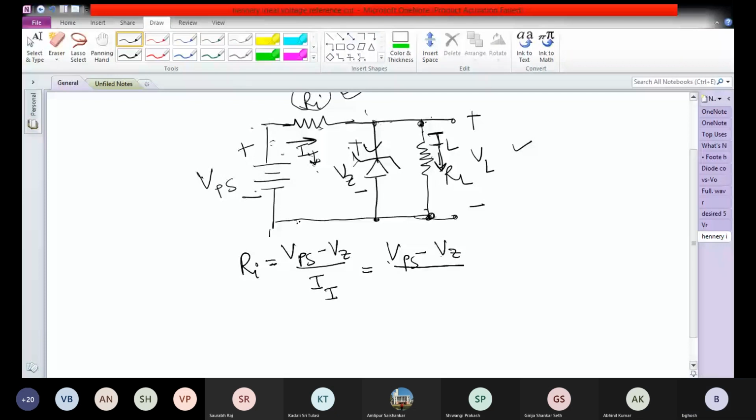Ii is Iz plus IL. So let's call this Iz, the current through the Zener diode. Here it is Iz. So there we can write Iz plus IL. So Iz therefore is Vps minus Vz by Ri minus IL.